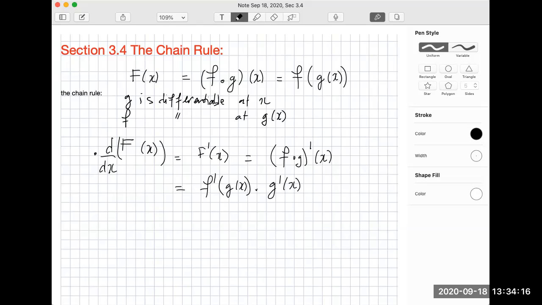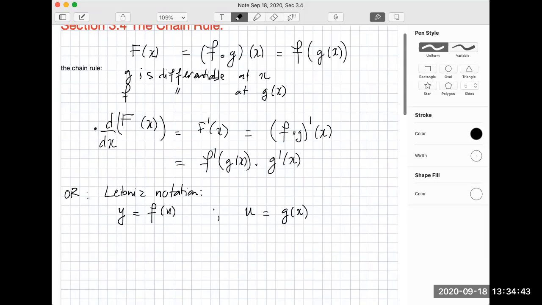Or we can write it in Leibniz notation. So if y is the function f of u, and u is a function g of x, right?